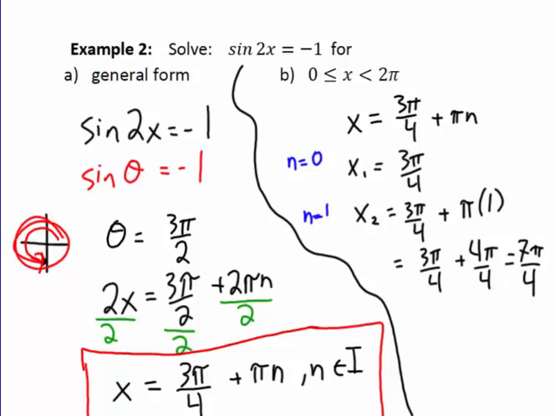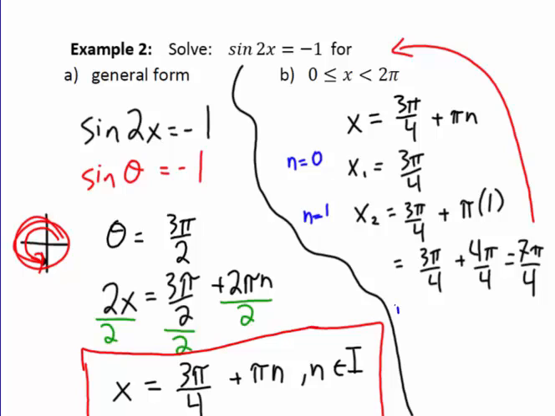Now, all we have to do is check, does 7 pi over 4 fall into that interval? Does it fall between 0 and 2 pi? And of course it does, because if it didn't, it would have to be smaller than 0 or larger than 8 pi over 4. So there's our second solution.